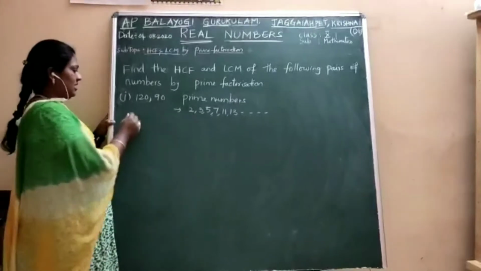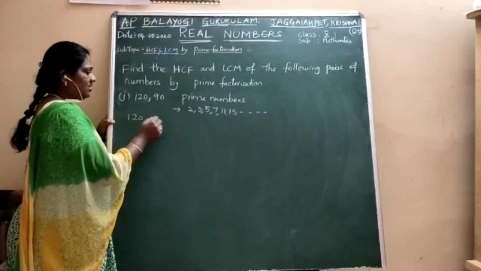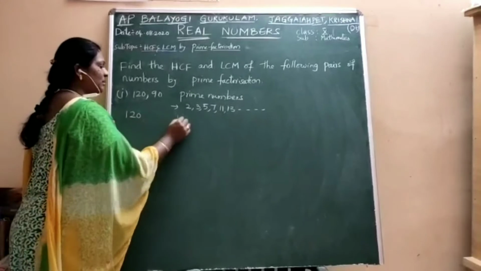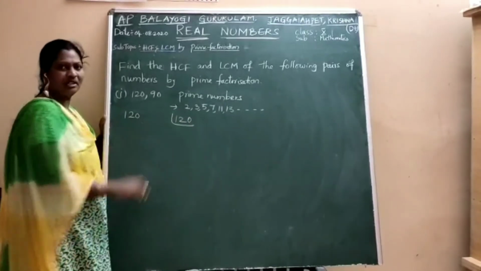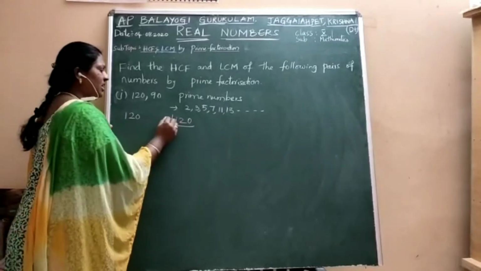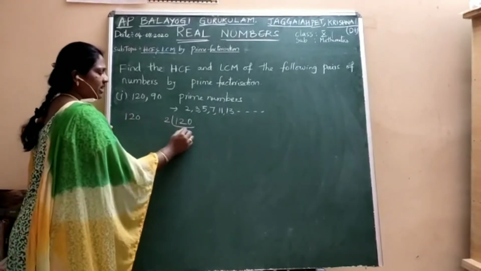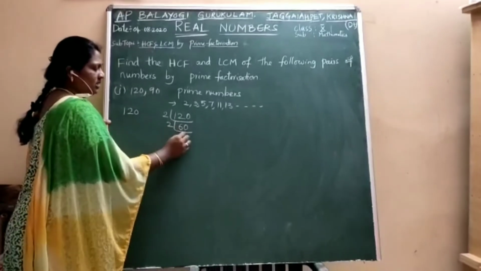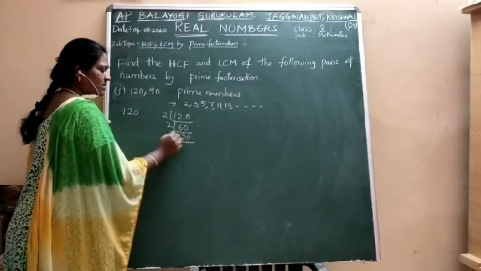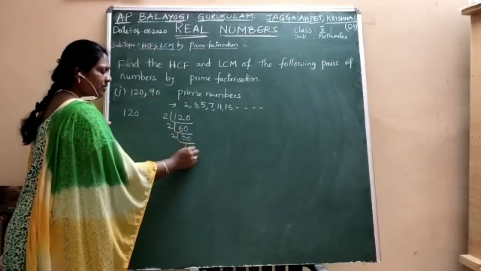So first take 120. We have to write this number as a product of primes. Take 120, divide by 2, that is 60. Again 2 in 60, 30 times. Again 2, 15 times.